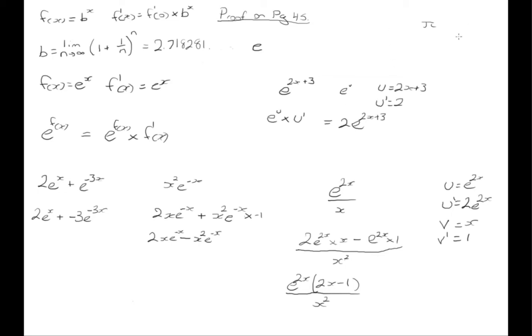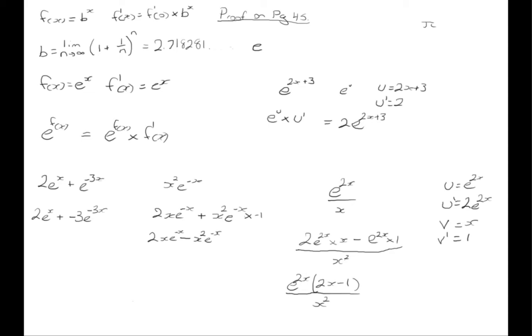Speaking of which, we've got this symbol for pi. We actually have a symbol for this number here, and we call it e. Now e is not an exponent, it's just e, the number e. So if you ever hear somebody mention the number e, it can roughly be equated to 2.7, etc.